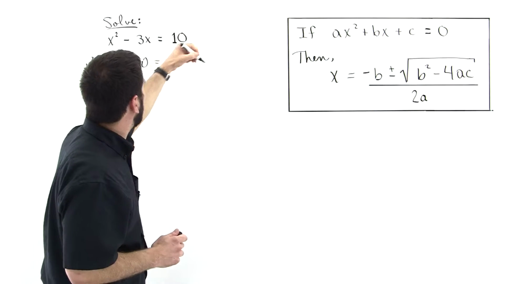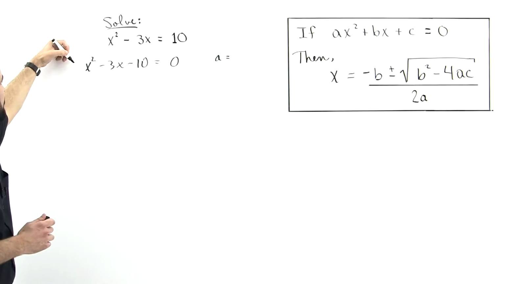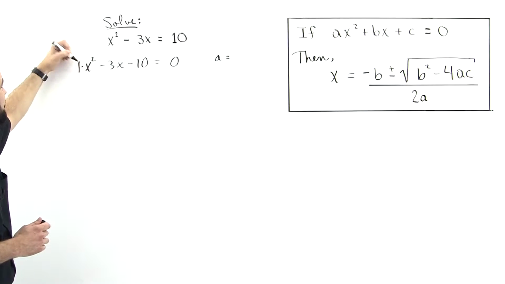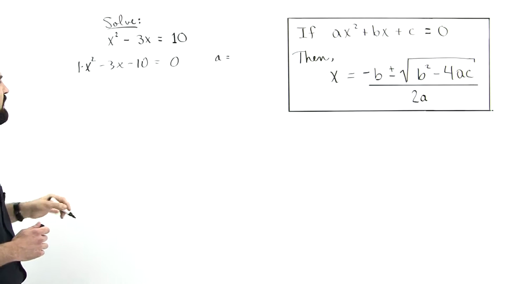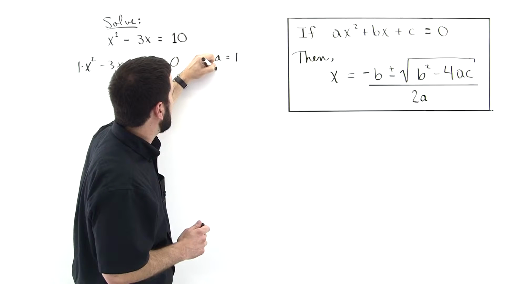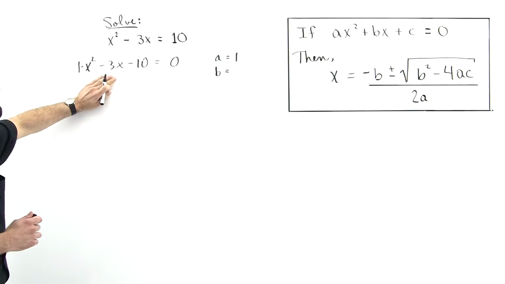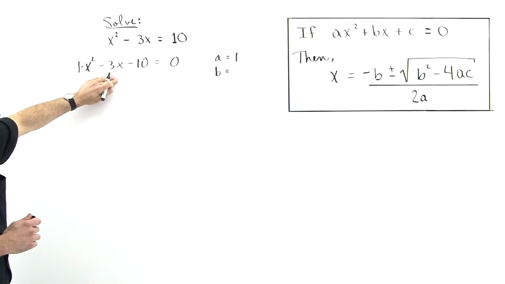So then a, for this one, we see that there's just a 1 in front of this x squared. There's understood to be a 1 in front of that. So a is equal to positive 1. And then for b, we look at b, and b is a negative 3, right?